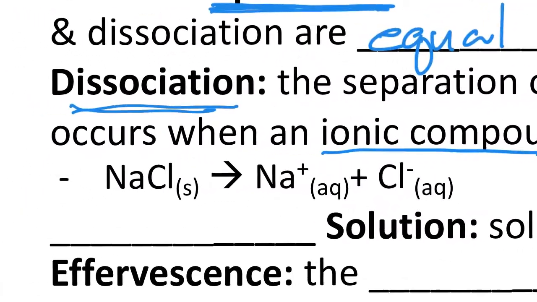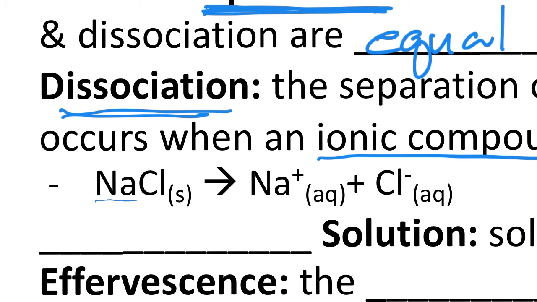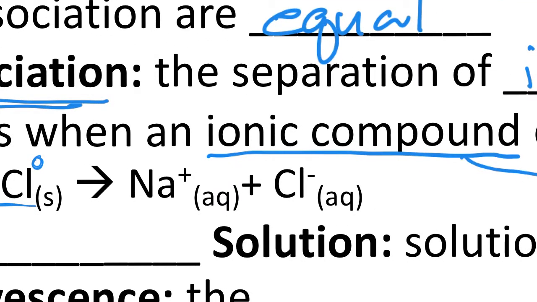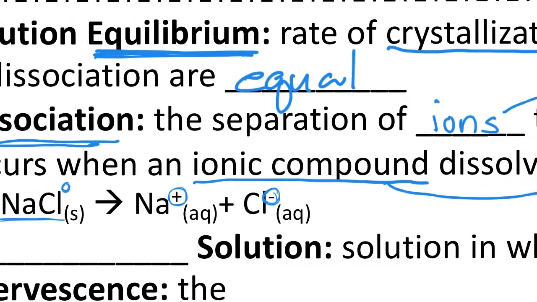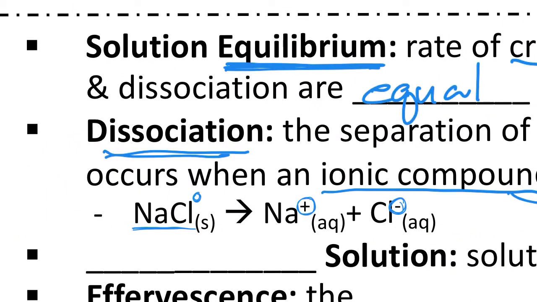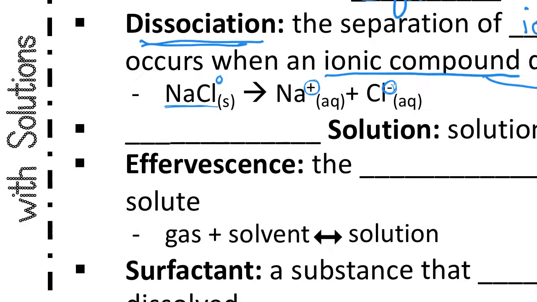So NaCl is a good example of an ionic compound. When the sodium and the chlorine are bonded together, the overall charge is going to be 0. When they come apart in a solution, we're going to have sodium ions that are positive and chlorine ions which are negative. So NaCl is an ionic compound. When it's held together in a solid form, there's no charge on the particle. When it separates out, when it's dissolved in water, there are going to be charged particles in that solution.